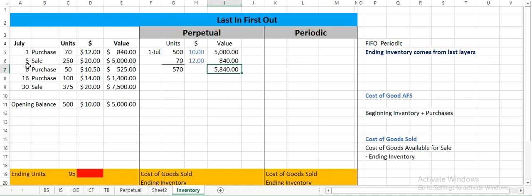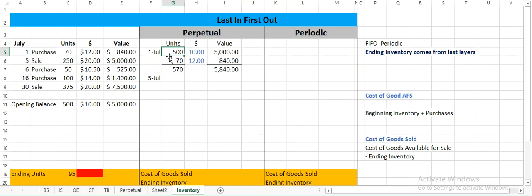Next, we're recording a sale. Perfect. So July 5th is now the sale, and we're selling 250 units of goods. So remember, underneath the FIFO method, we would have taken the 250 units from the 500 units. 500 units is at the top, and that's why we did that.